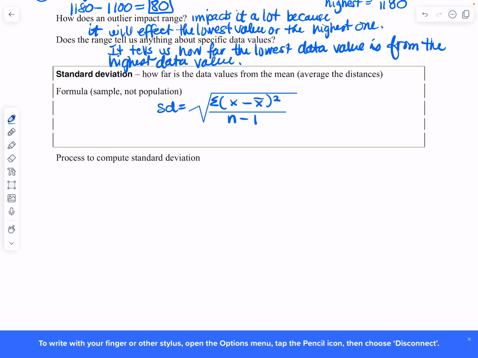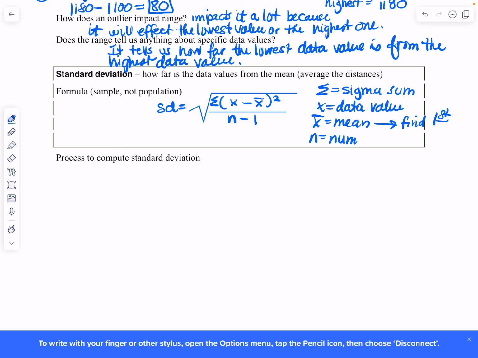Okay, so again, the symbol sigma means to sum. So we're going to sum up. x is the raw data value. Remember, x bar is your mean. So by the way, you're going to have to find this first. And then n is the total number of data values.